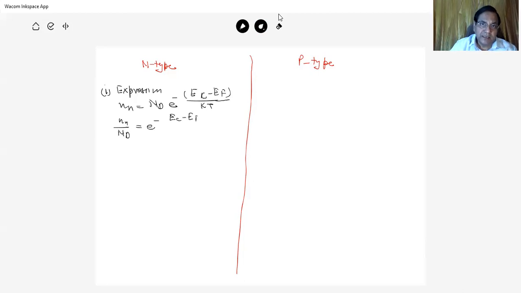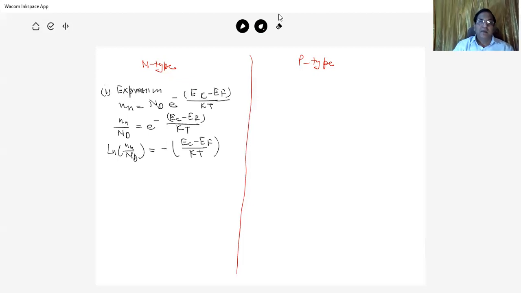So log n by Nd is equal to minus Ec minus Ef by kT. Or if you absorb this minus sign, this is Ef minus Ec by kT.